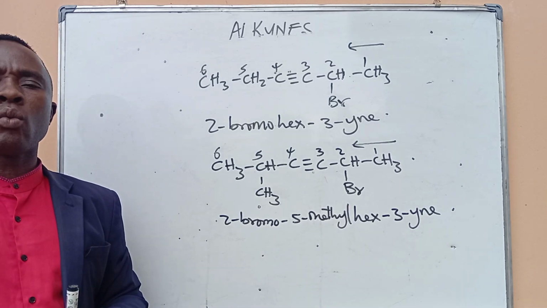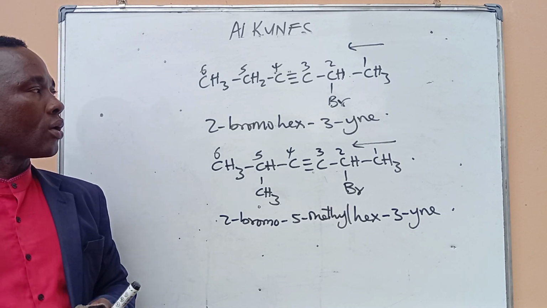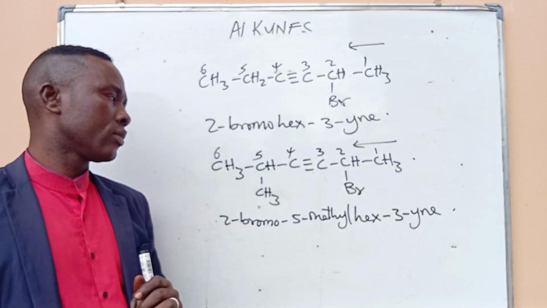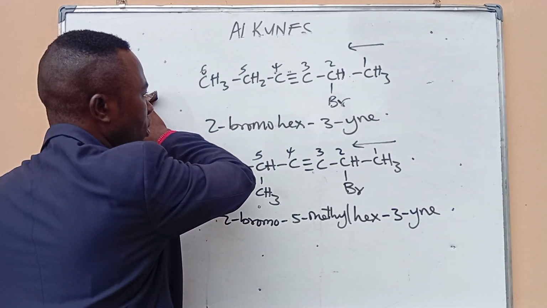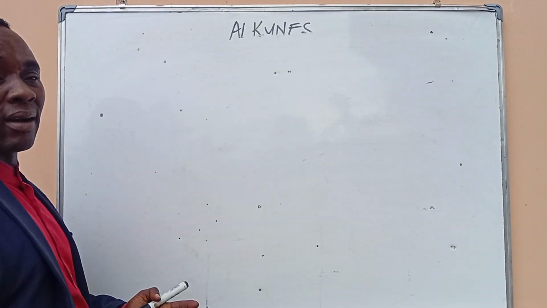Now there are some cases where we have 2 or more triple bonds. What if we have 2 or more triple bonds? How do we name? Now let me show you that. That will give us, I think, rule number 5 or 6.